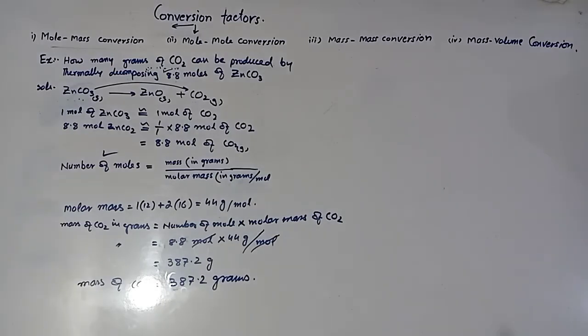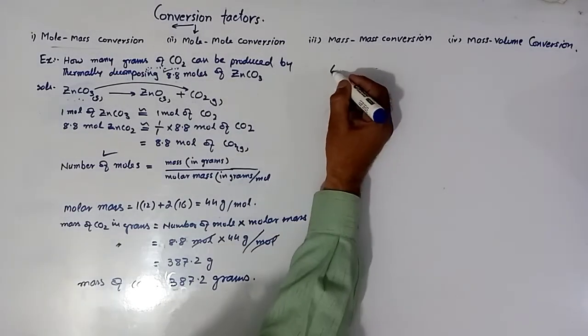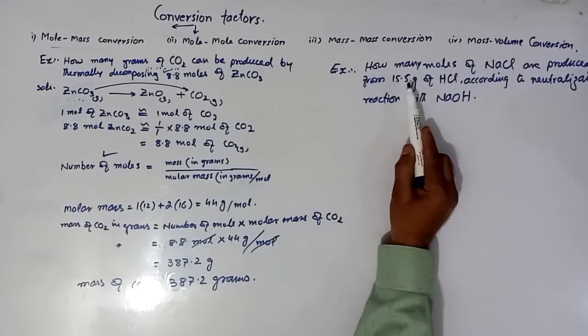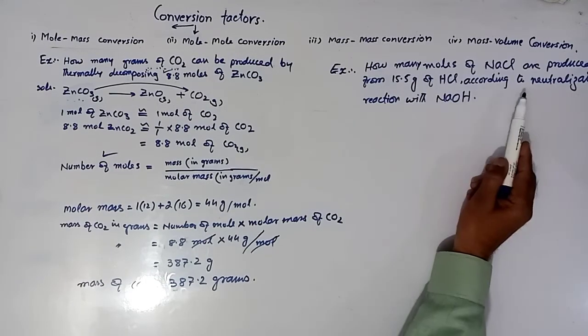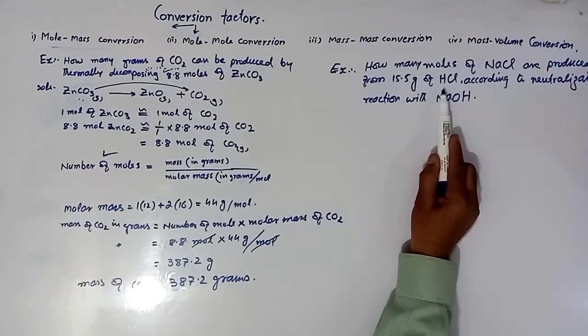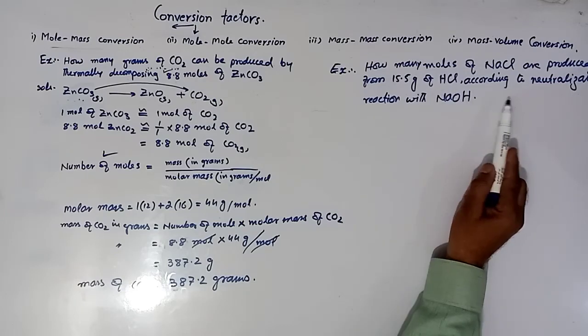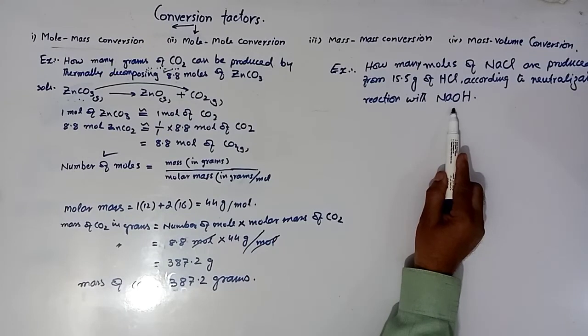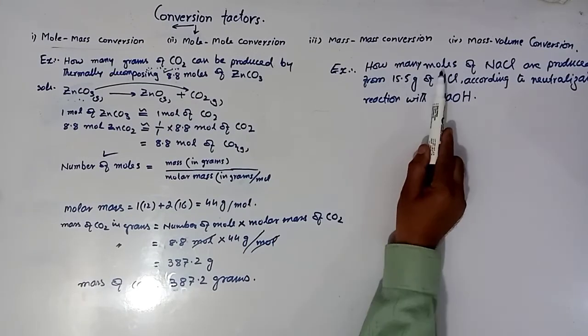Now take another example, example number 2. How many moles of sodium chloride are produced from 15.5 grams of HCl, hydrochloric acid, according to the neutralization reaction with sodium hydroxide? Here we will find the moles.